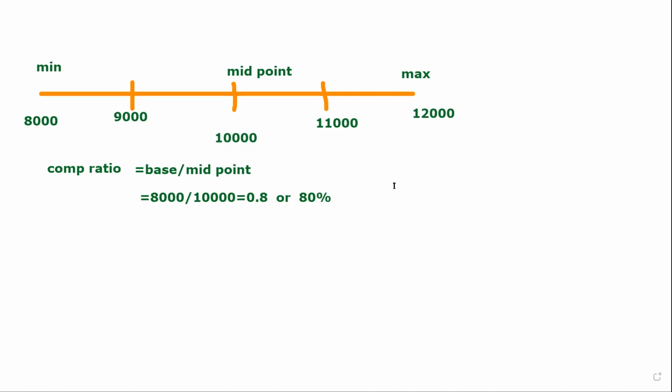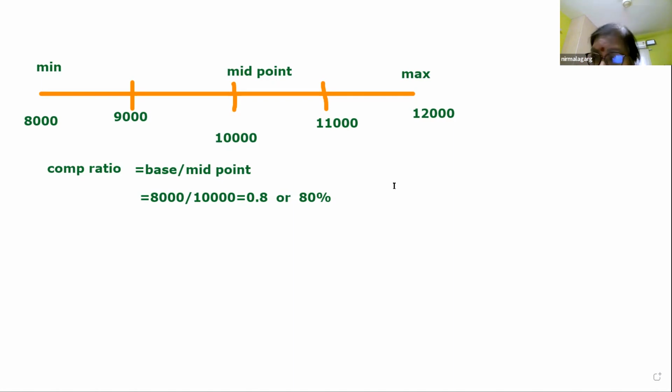Does it also mean that 20% are drawing more than this resource? So you are now using comp ratio to compare Anisha's salary with somebody else's salary, right? No. Comp ratio is a ratio between your salary and the midpoint. How close or how far away are you before the midpoint or after the midpoint? It gives you only that comparison.